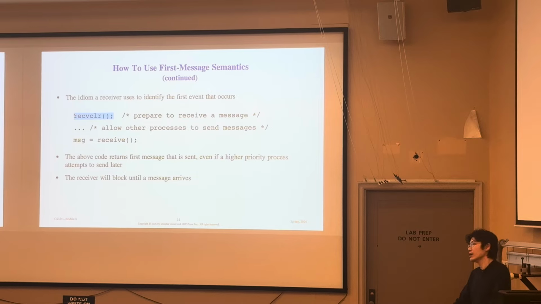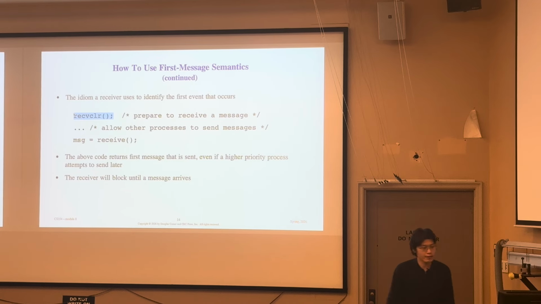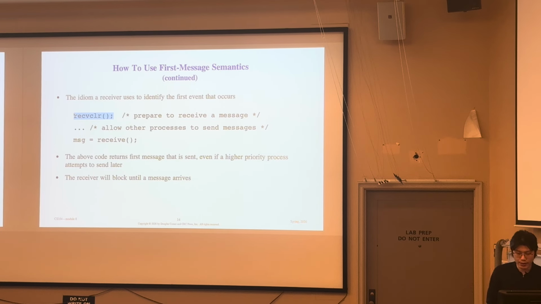It clears the message buffer, which allows other processes to send messages, and then it receives a message. So this code returns the first message that is sent, even if a higher priority process attempts to send later. It only handles the first message.